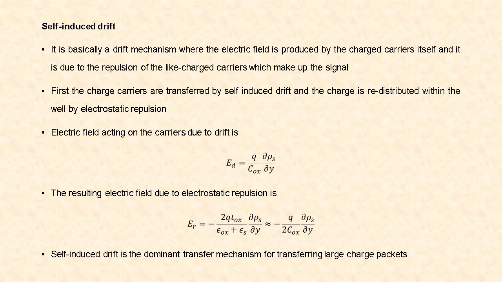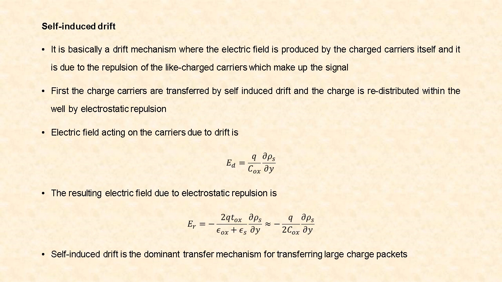Here, the electric field acting on the carriers due to drift is given by E_D = (q/C_ox)(∂ρ_S/∂y). Here, q is the charge, C_ox is the oxide capacitance, and ρ_S is the charge density along the travel direction y.